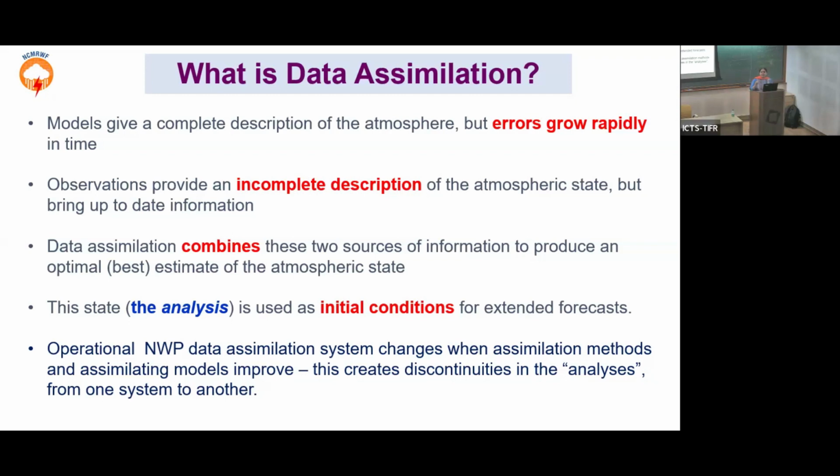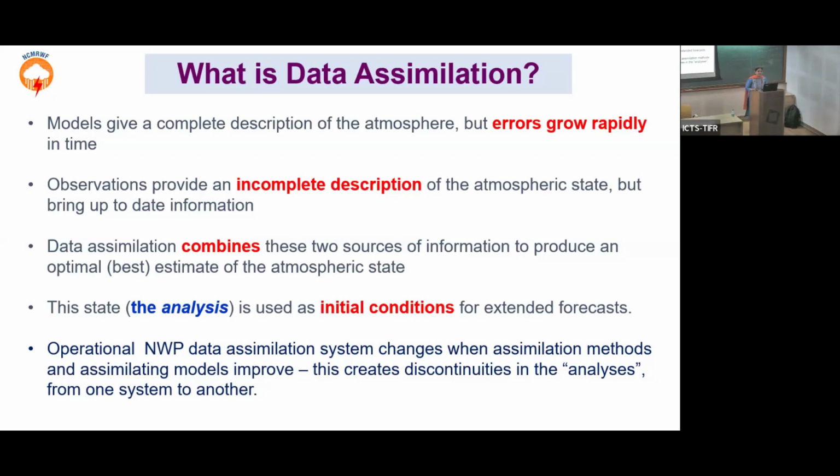But the errors grow rapidly in time. That is the representation we have from the model. Then we have observations, but we don't have observations at each and every grid point. It is an incomplete description of the atmosphere, but it brings up-to-date information. Whatever observation we have, that is the up-to-date information.